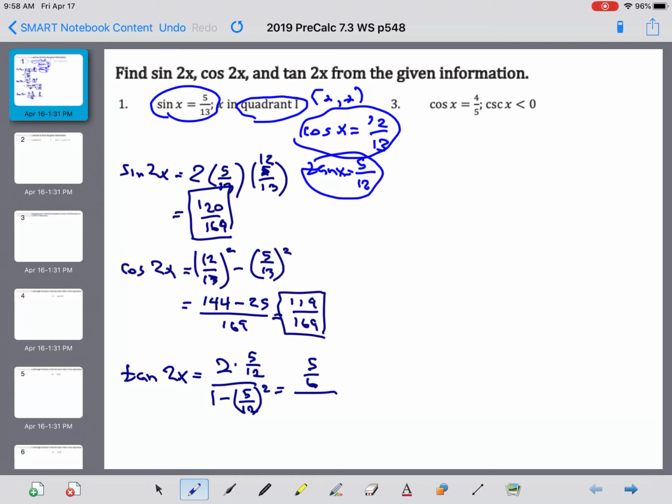And the bottom, I'm going to get 144 over 144 for 1, minus 25 over 144 here, which gives me 119 over 144 on the bottom, which equals 5/6 times the reciprocal of 144 over 119, and that's going to give me 120 over 119.